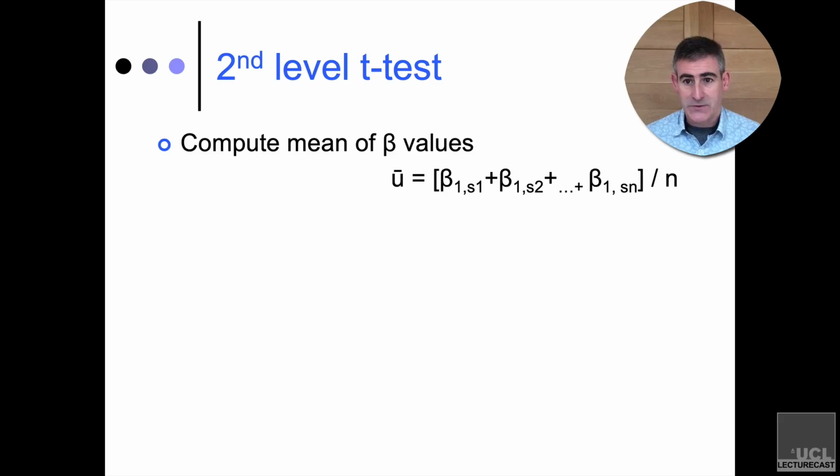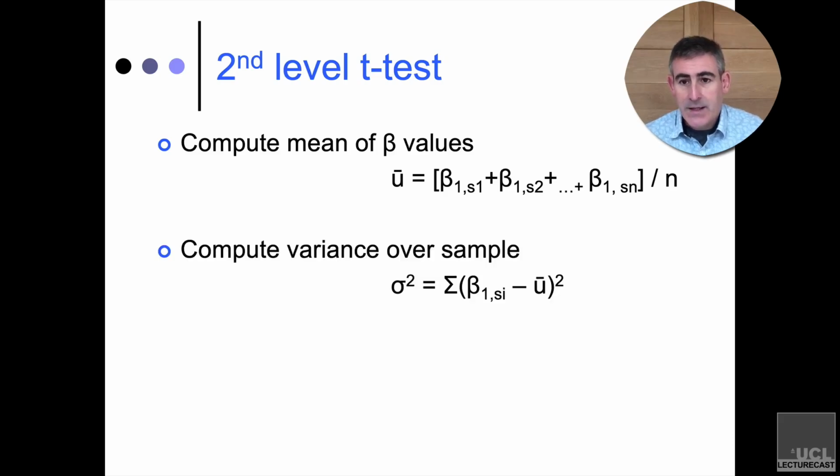That's the mean. Straightforward. In addition, we need to compute the variance over the whole sample, and that's normally abbreviated with this sort of sigma squared here. So that is a little bit more complicated, but not a whole lot. If you just take each person's individual beta value, beta 1, and then subtract the group mean from it, and then square that, that gives you a measure of how far off this person is from the mean.